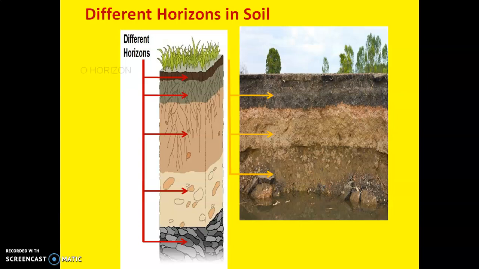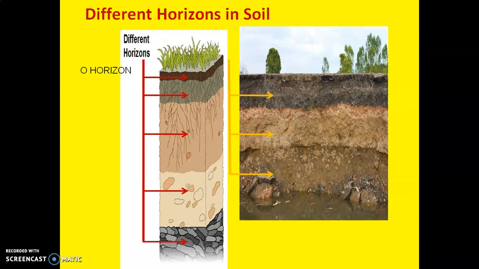Let us first discuss the different horizons in the soil. The knowledge about the site forms a very vital role. Soil is a natural product made from weathering of rocks, decomposition of organic matter, and other geological processes. Soil on an earth mass exists in distinct horizontal layers.